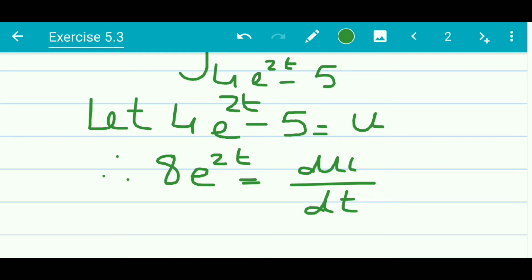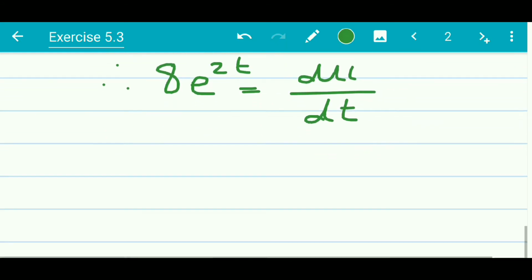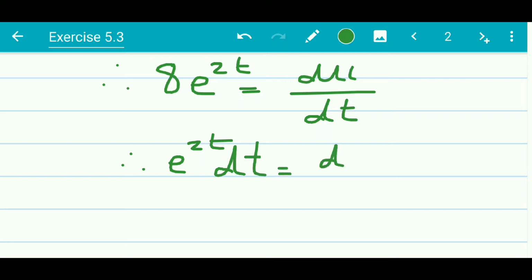You do remember the substitution method, I hope, from the last lecture. So therefore, we get e raised to twice of t dt as du upon 8. Okay, as du upon 8.